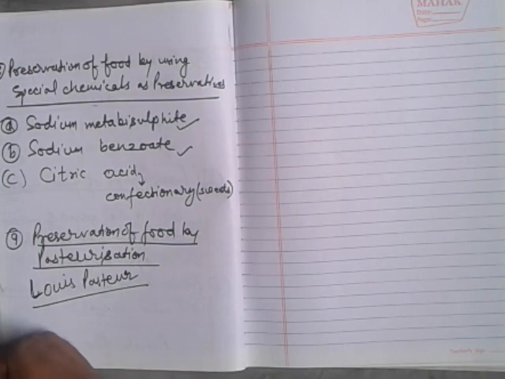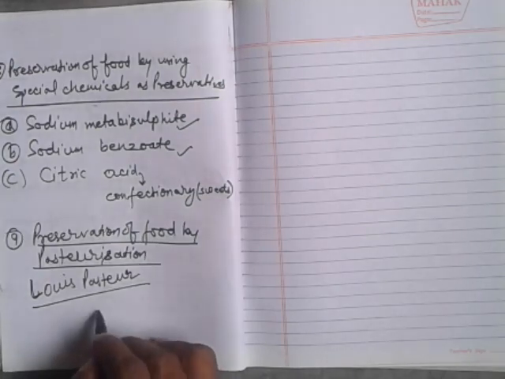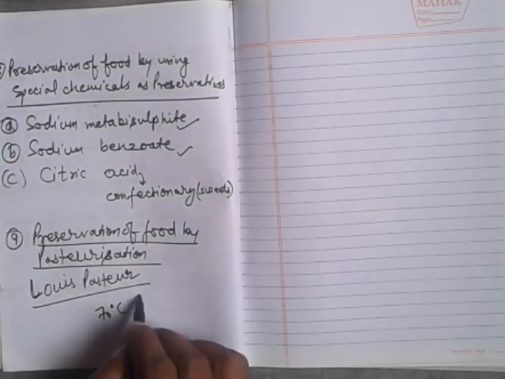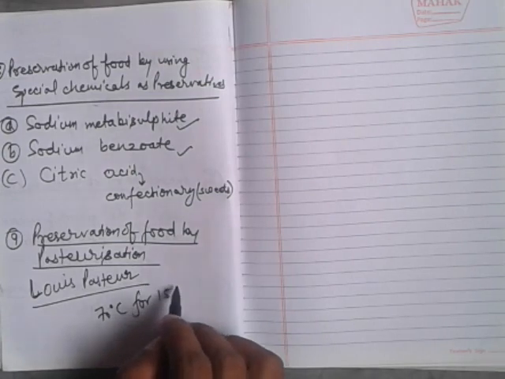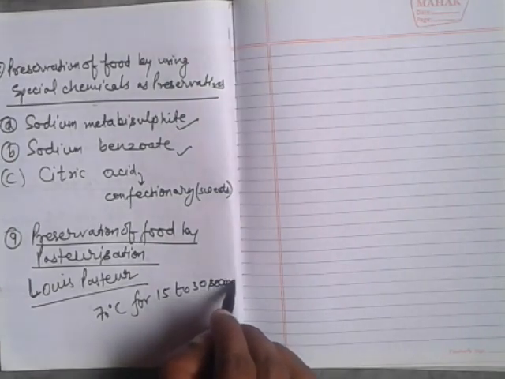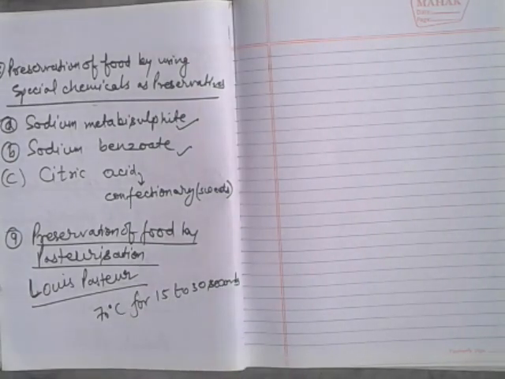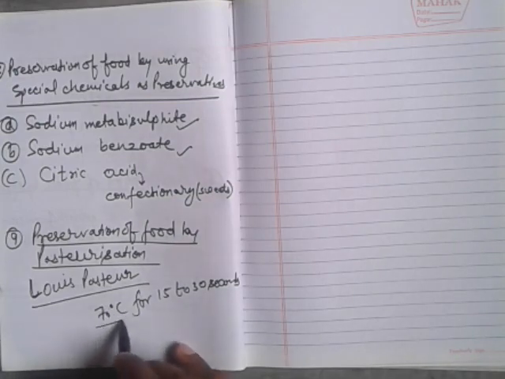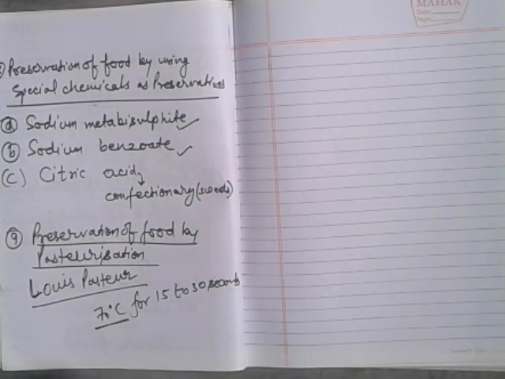In the pasteurization method, the milk is first heated to about 70-degree temperature for 15 to 30 seconds, and when we heat the milk at this temperature, the microorganisms present in the milk are killed.